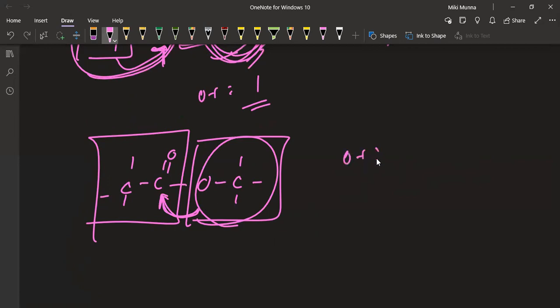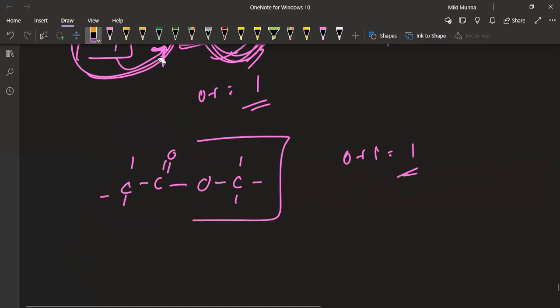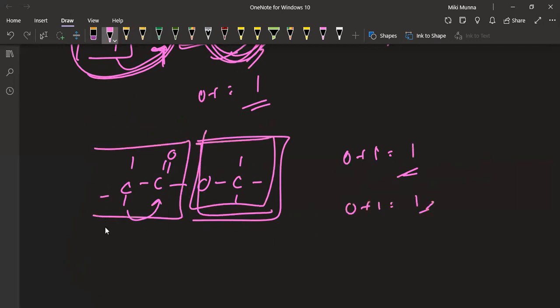That means 0 plus 1 is singlet. And for this carbon itself, the neighboring carbon has how many hydrogens? 0 plus 1, singlet. So this itself is a singlet group, and this itself is a singlet group.